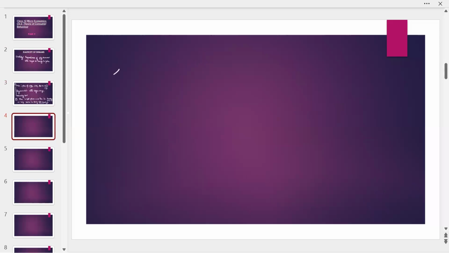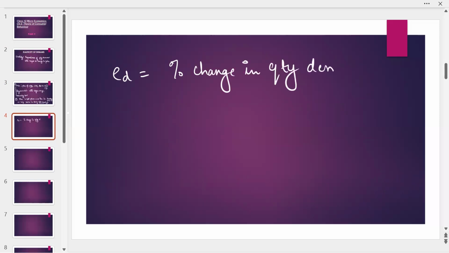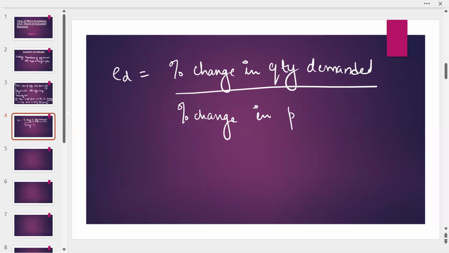Just before that, let's understand the elasticity of demand with the help of a formula. So, what does elasticity of demand say? It says percentage change in the quantity demanded upon percentage change in price of a good.